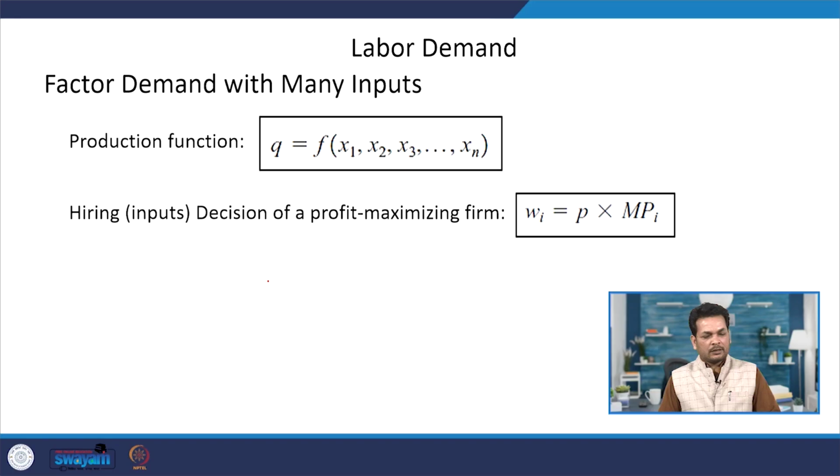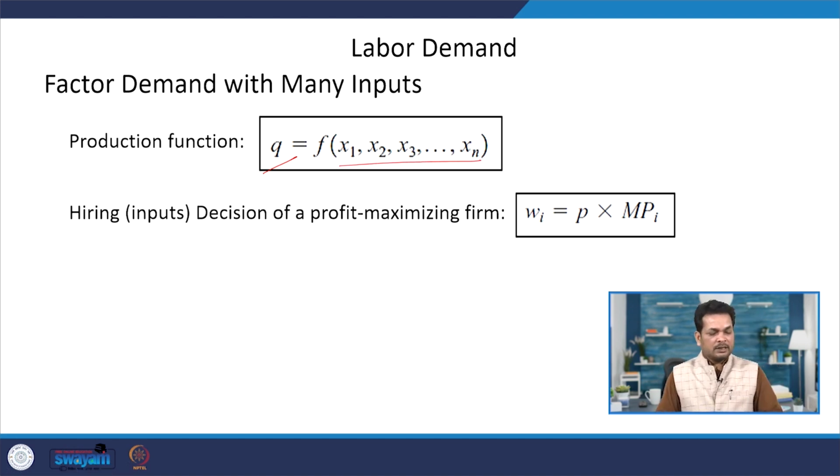There are clearly many different types of workers, such as skilled and unskilled, and many types of capital, such as old machines and new machines. So, we can write this production function as Q, the output, being a function of a number of factor inputs ranging from x1, x2, x3 to xn.